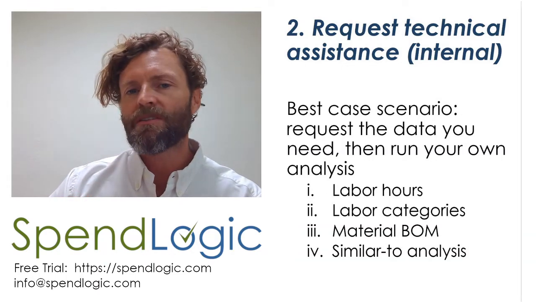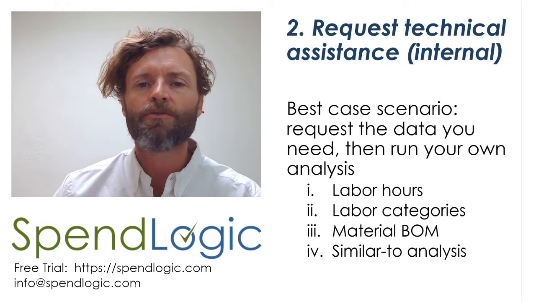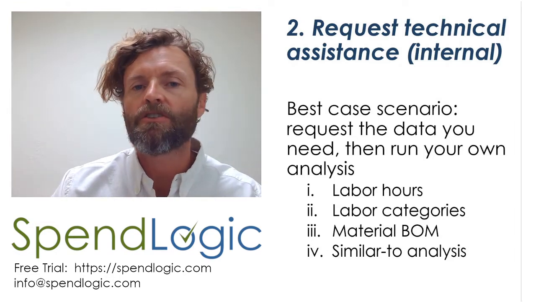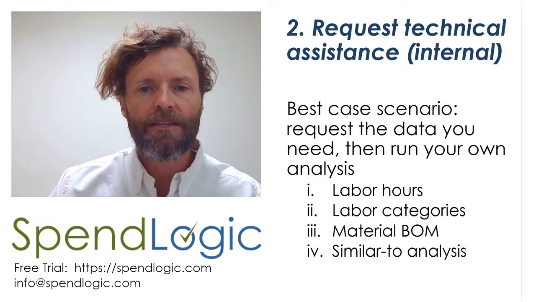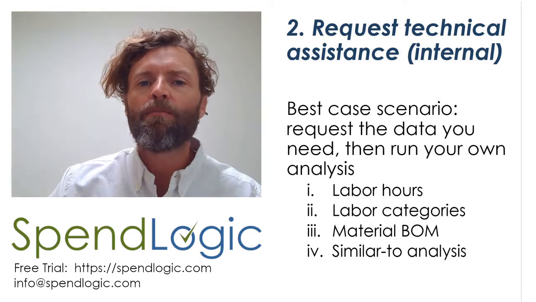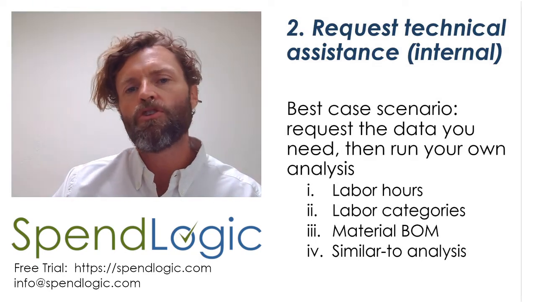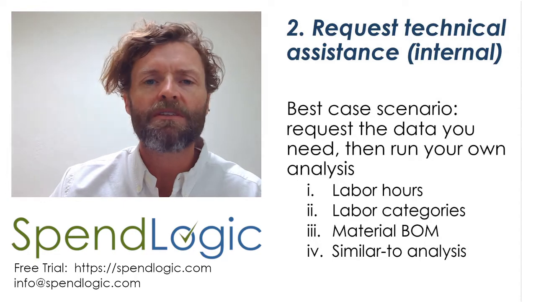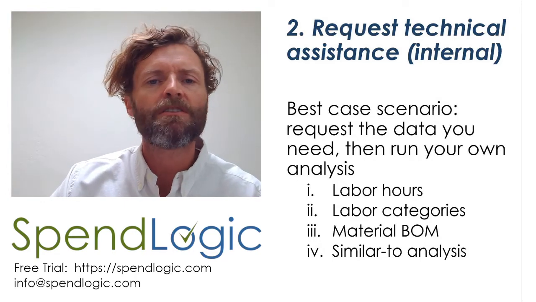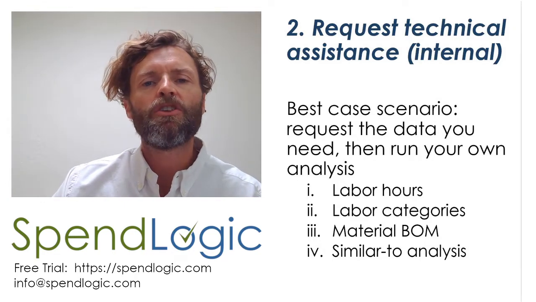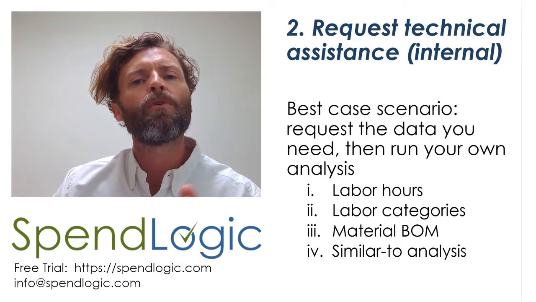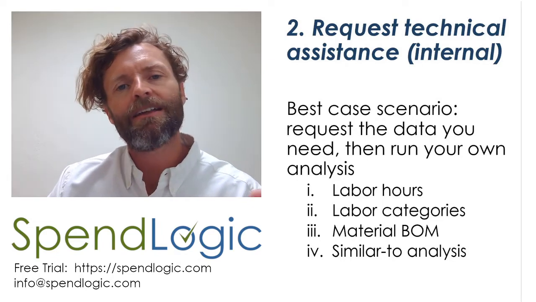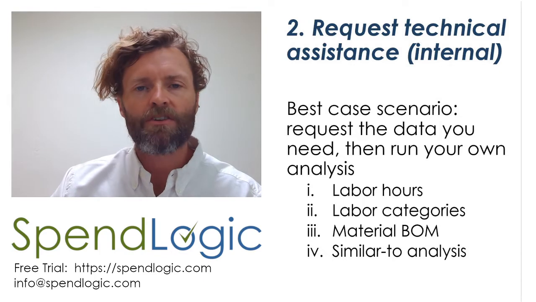If you can get those pieces, what you can then do is run a price analysis on each of those factors. It's easy to do that in SpendLogic, but you also have the ability to do your own methodologies, whether you use Excel or whatever tools you use. In order to move forward, you just need enough information to get moving in the right direction.